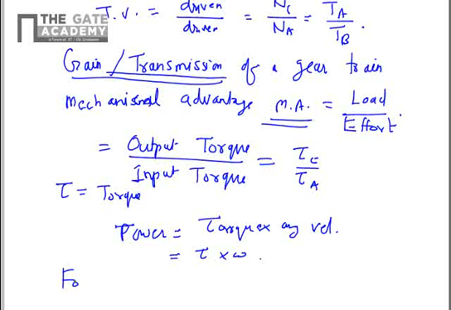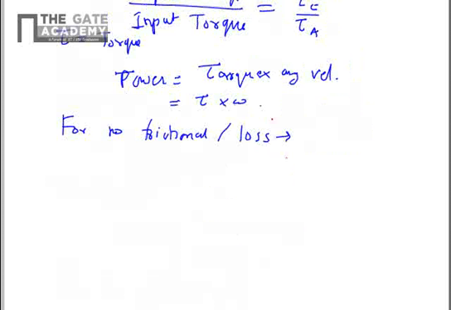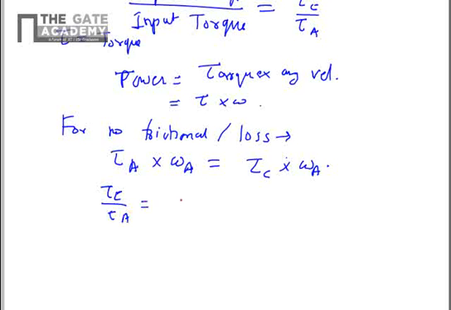For a no loss system, no friction loss or no other loss, we get input power equal to output power. So input power will be tau A, input torque, into input angular velocity, which will be equal to output torque into output angular velocity. So from this we get tau C by tau A is equal to omega A by omega C.